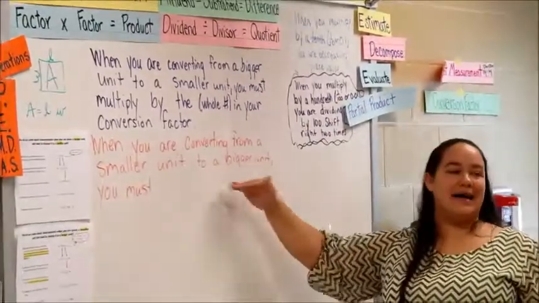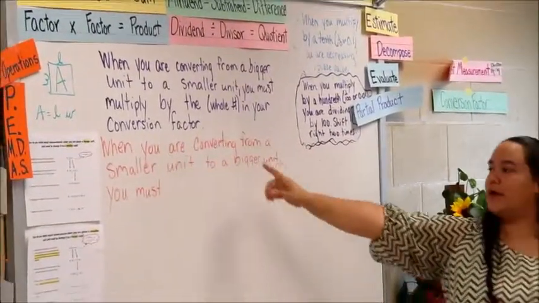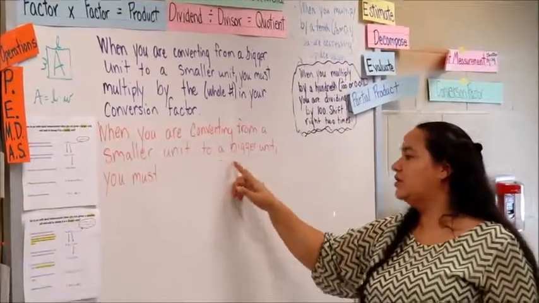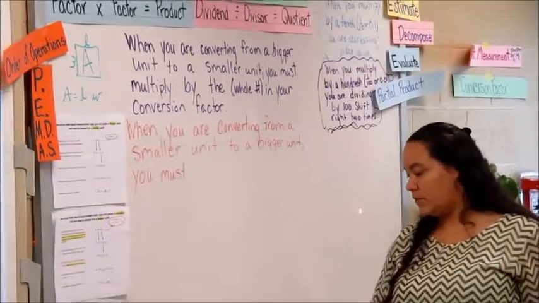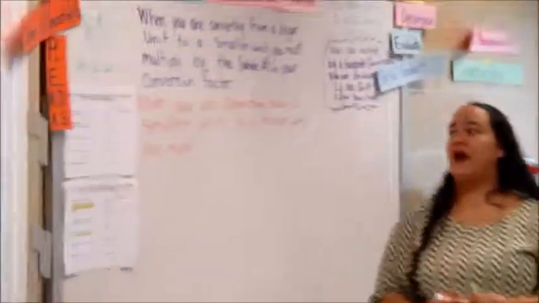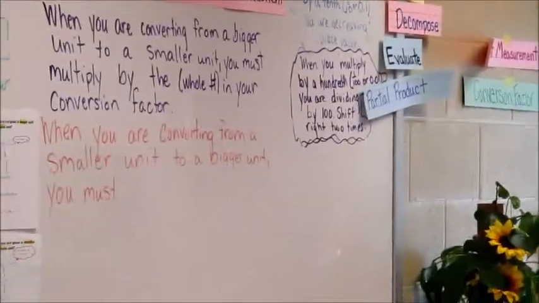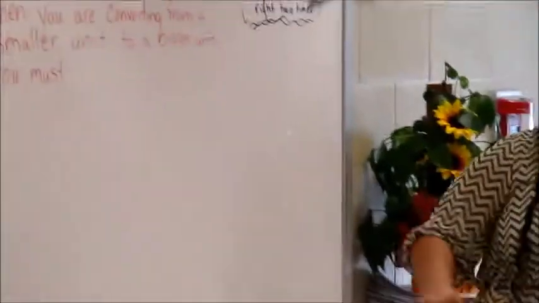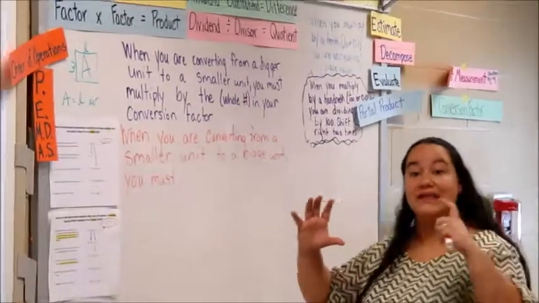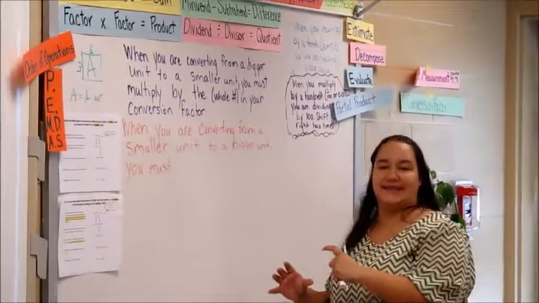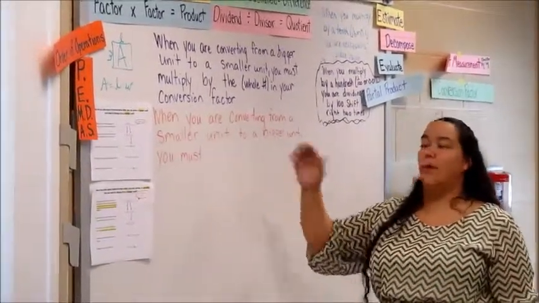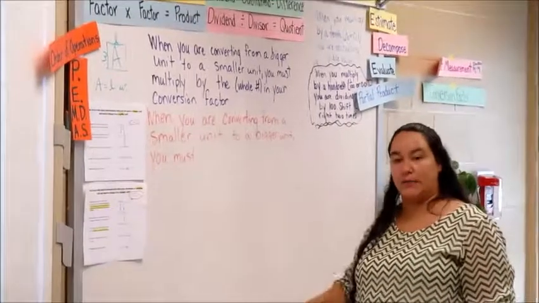Let's come back and see what we are noticing when we go from a smaller unit to a bigger unit. We're still converting, but what do we have to do in order to master it? Go from a bigger number to a smaller number. So your number is bigger at first, and your number gets smaller or decreases. So are you multiplying by a whole number if you're getting smaller?